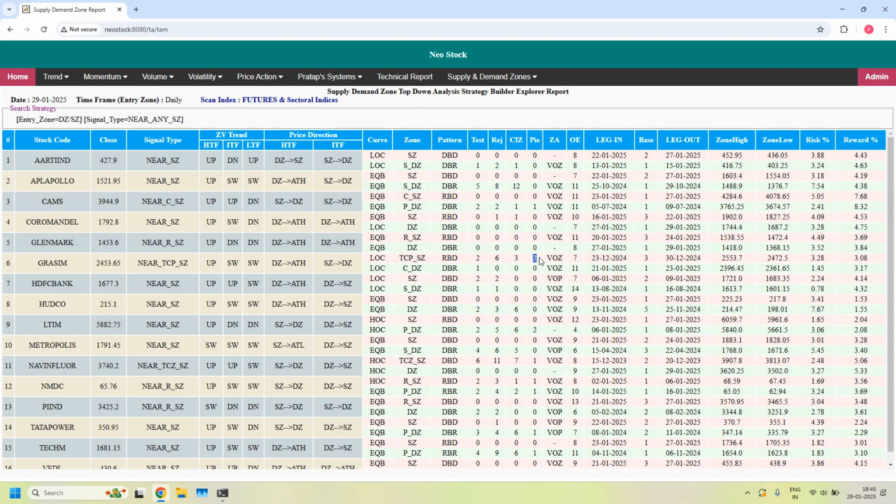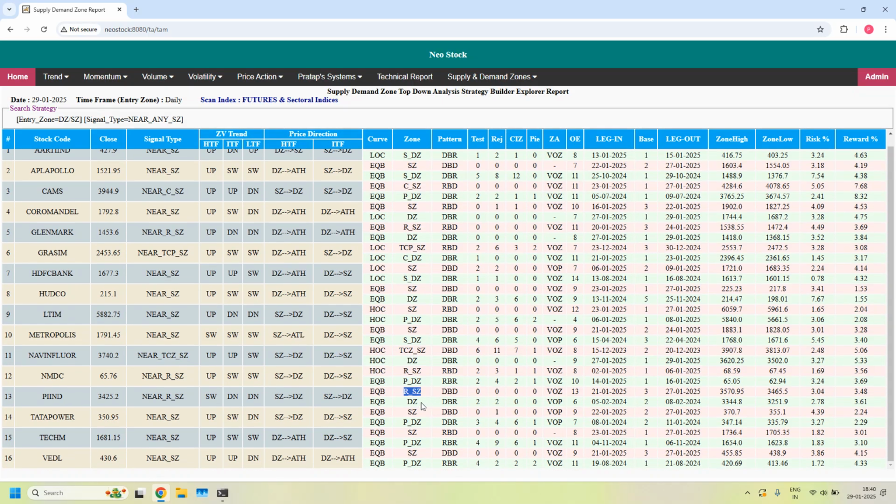Grasim is pierced, it is not valid. NMDC is pierced, it is not valid. Next, PI Industries is having a high liquidity zone. That's it. We identified 3 high liquidity daily supply zones from this list.